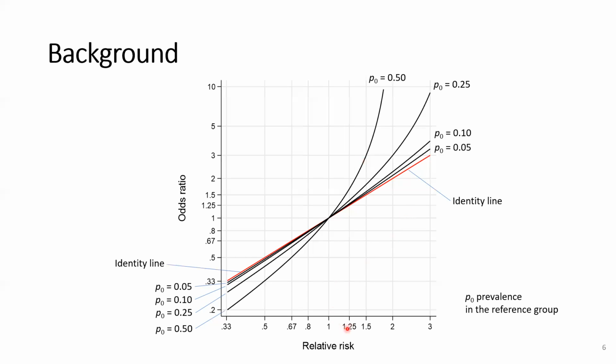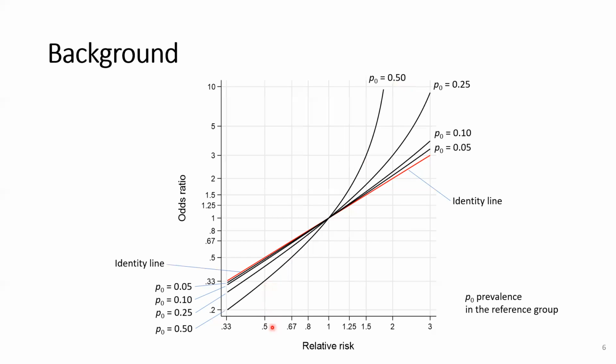And a similar thing is true for relative risk lower than 1. Say we take 0.5. When the relative risk is 0.5, and P0 equals 0.5, or the prevalence of the outcome is 50% in the reference group, it means that the comparison group has a prevalence of 25%.